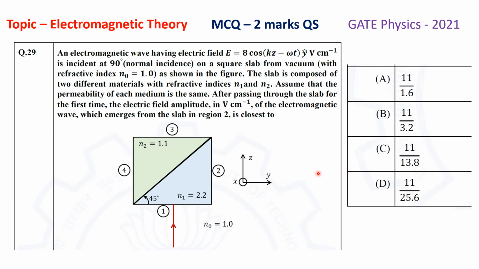So to solve this question, we basically have to find the amplitude of the electric field in region 2 after getting reflected from this diagonal interface. Let us see the solution part now.